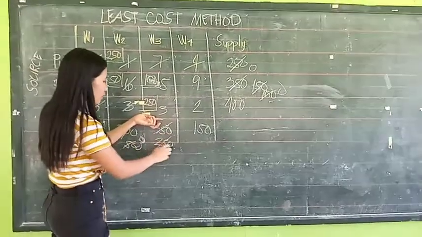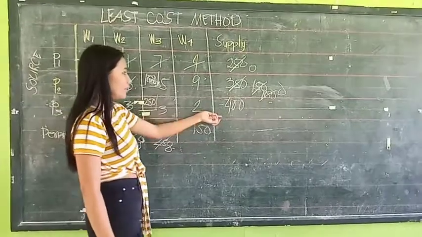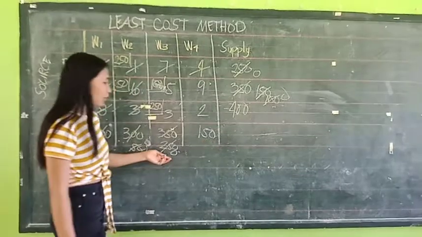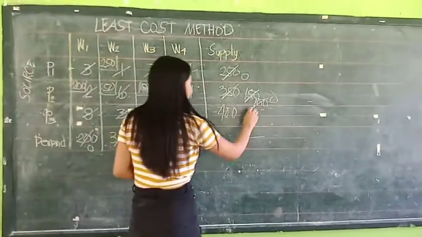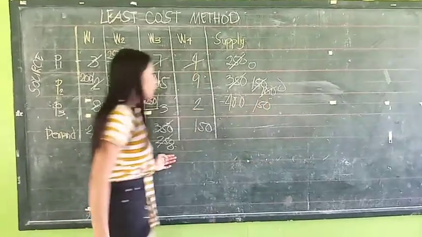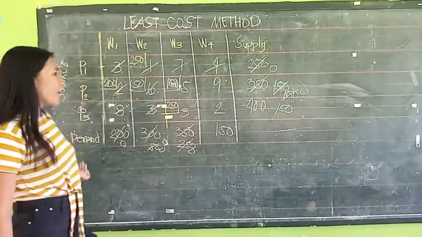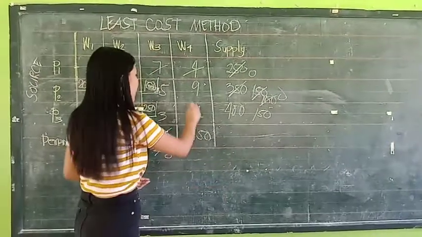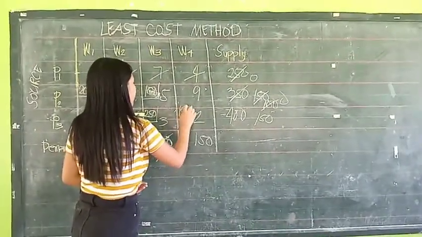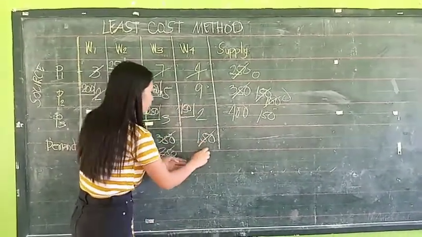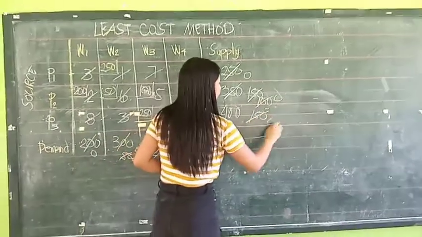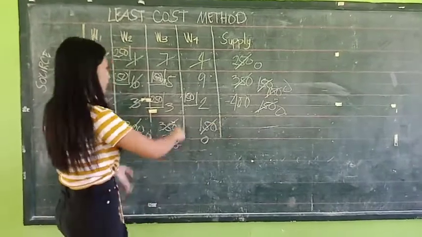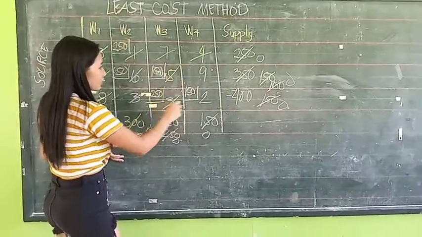So 250 will be cancelled, and 400 minus 250 is 150. Since the demand and our supply are both the same, we copy 150 here, and they are now cancelled and become 0 since they are both satisfied.